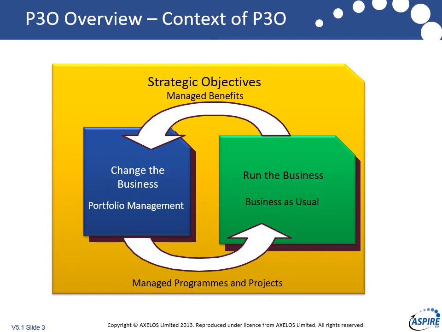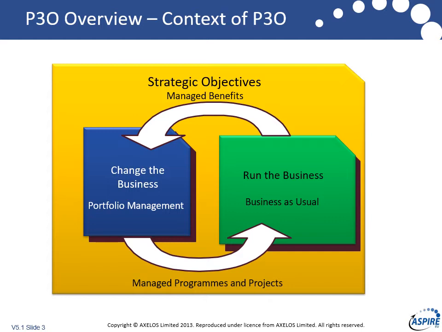P3O is slightly different in many ways to the other models. So if we were to be talking about project management, we talk a lot about how we actually get something produced, products, capabilities, that kind of thing. Program management is more into this in that it thinks about changing the business or a small part of the business.